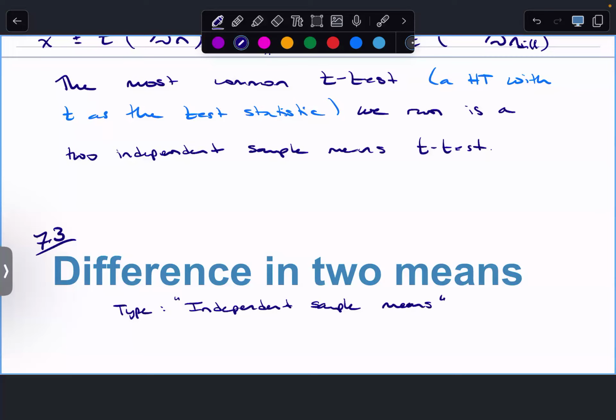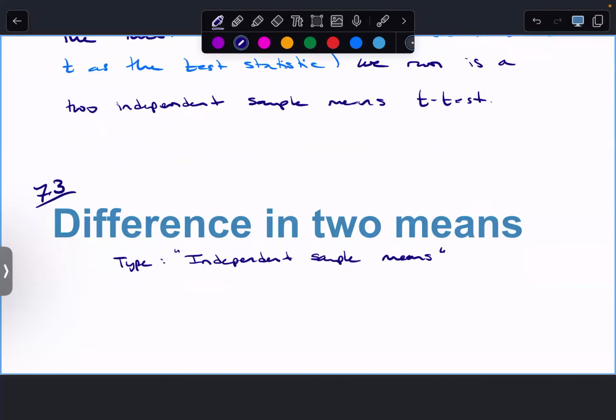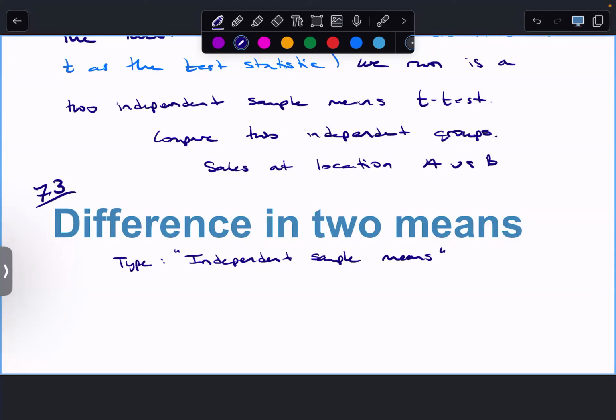The average revenue at location 1 and location 2, right? You want to compare these. And so now we want to compare 2 independent groups. Sales at location A versus B, for example.